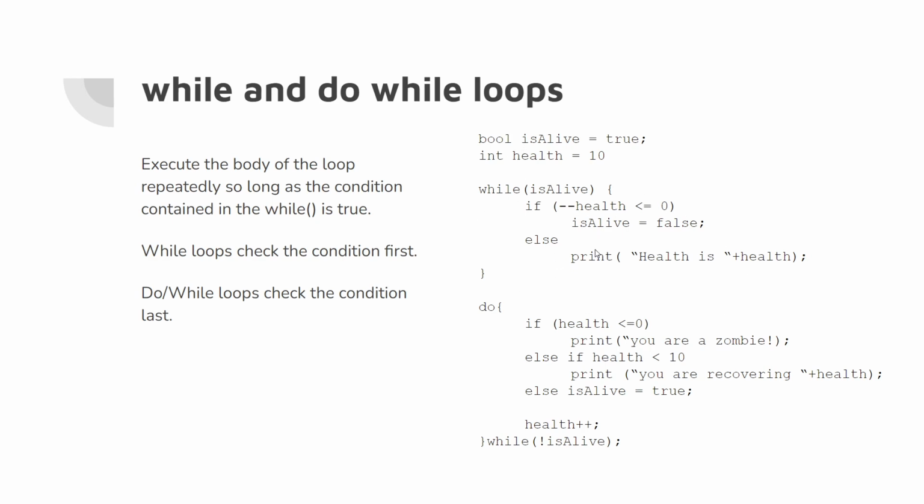So imagine these loops here. They're not incredibly useful in game code because they're just what we'd call tight loops, right? Nothing is really happening in the game other than maybe some print statements here. So you're not going to have the opportunity to run away from the zombie in these loops. But you can imagine as long as you're alive, we would run through the body here and say, okay, subtract 1 from health and compare it to 0.